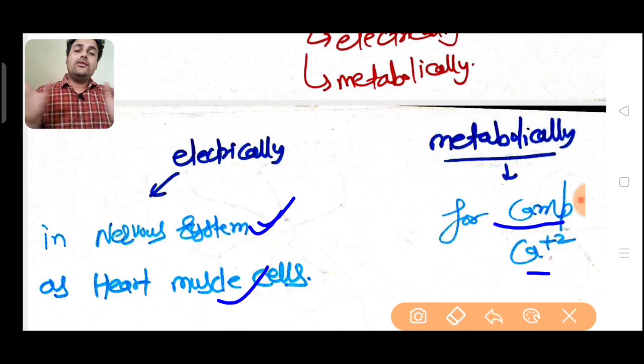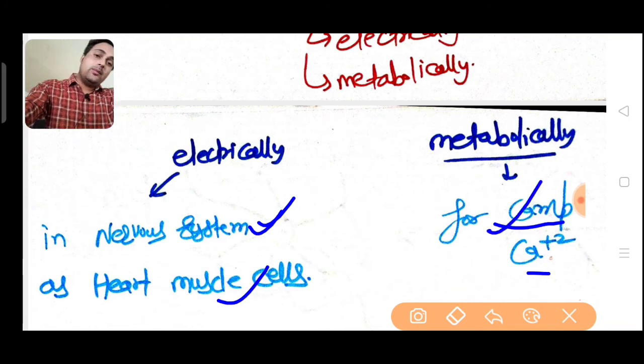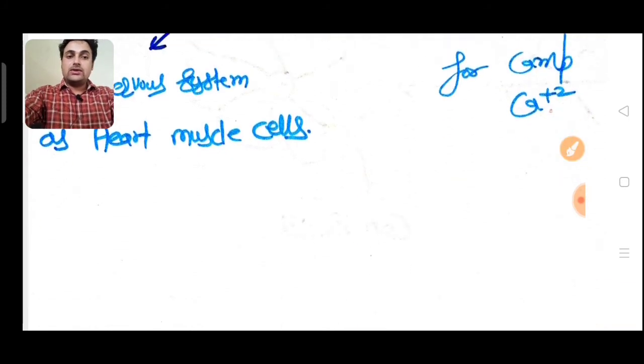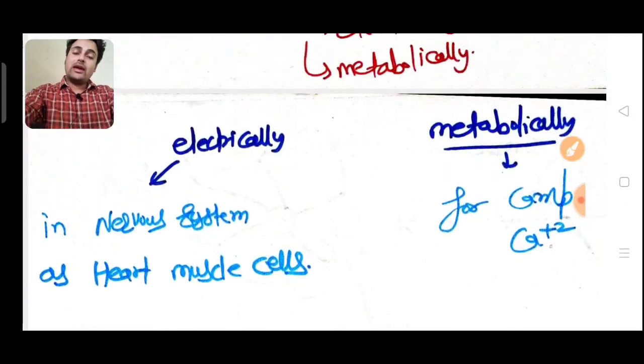It will not diffuse your electrical signal here and there. The same thing also works for metabolic signals, like intracellular signals such as cAMP and calcium. So this is all about gap junctions.